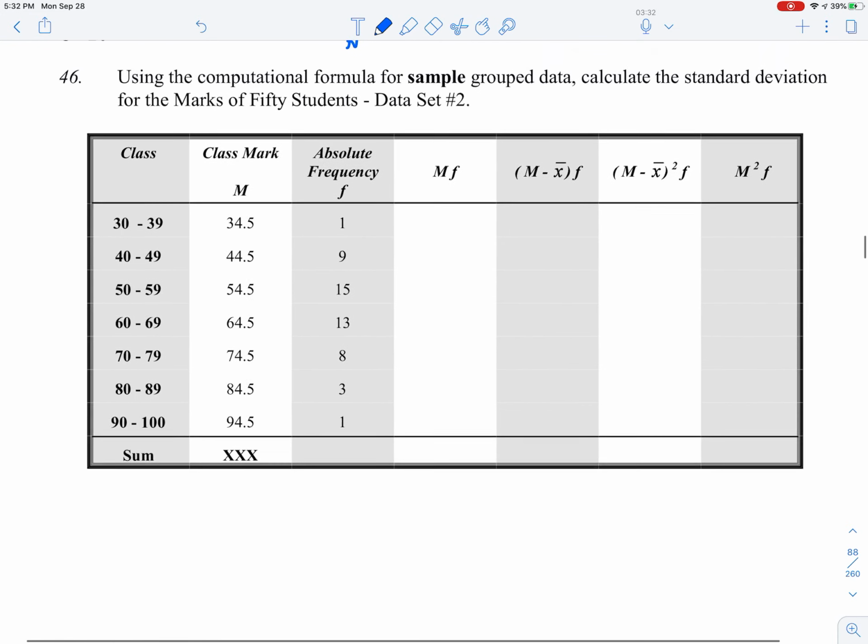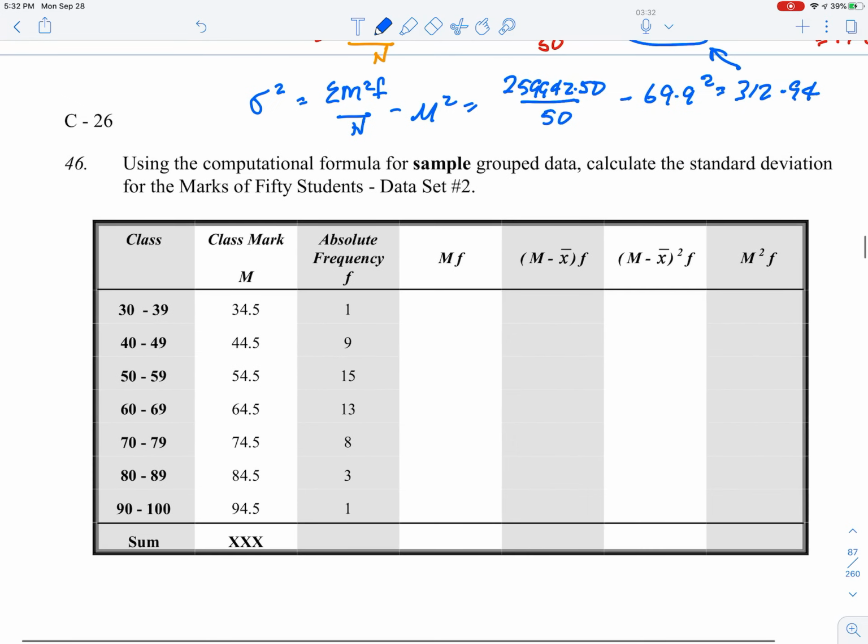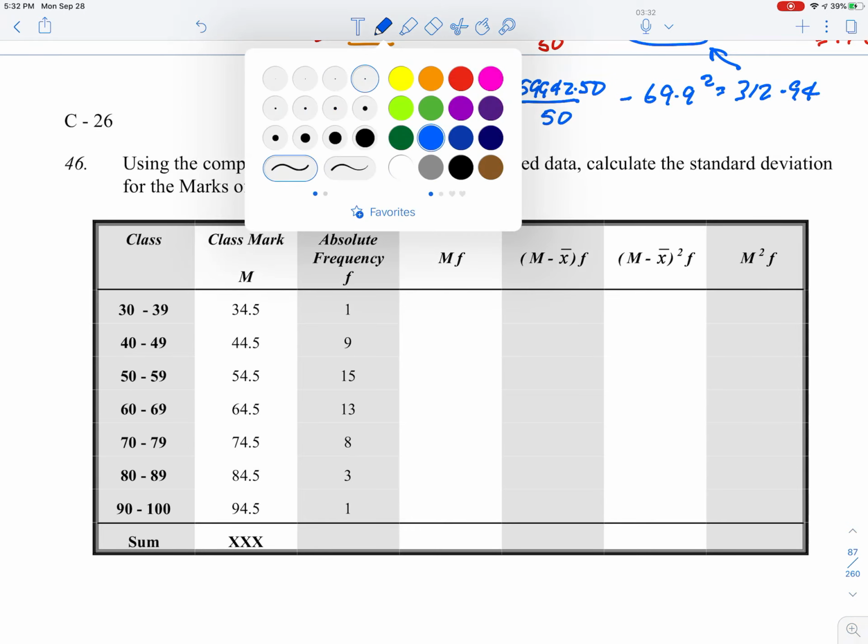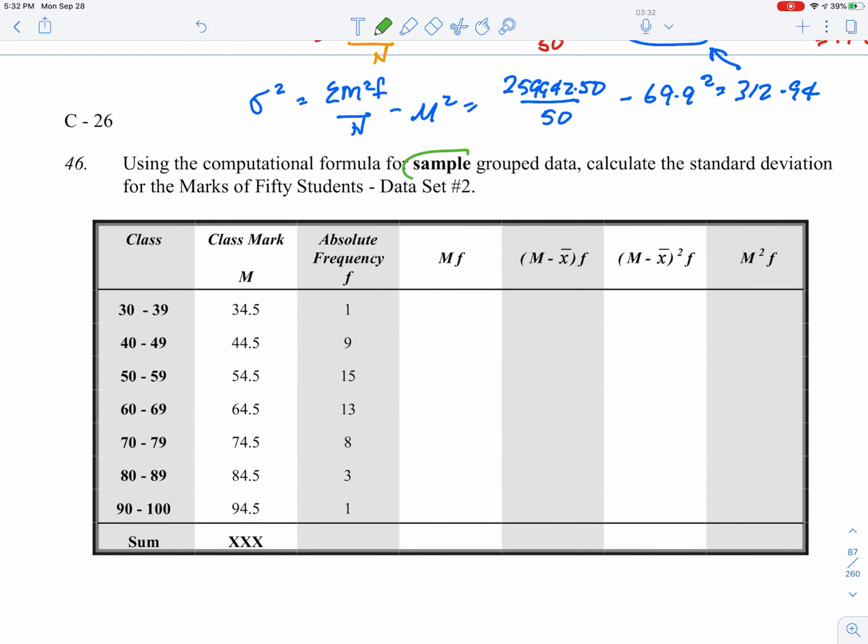All right, for homework, I want to leave you with this one here. What I want you to notice is that I've now said that I want you to use this as sample data. So we're using X bars here. You won't need to do this column here, but you can try that and see if it sums up to 0. That's fine, but you will need to calculate the MF column.